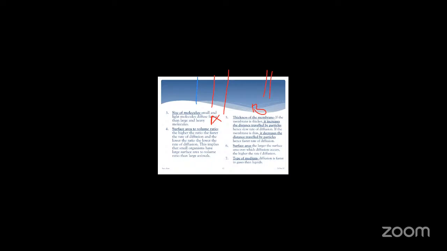In these two membranes, membrane A is thicker, meaning there's a longer distance from one end of point A to the other end of point A, while in membrane B, the distance is shorter. So we say of the two membranes, membrane A is thick and membrane B is thin.